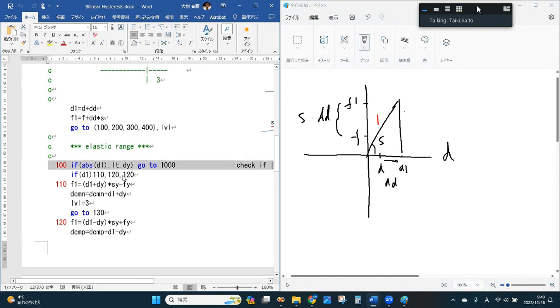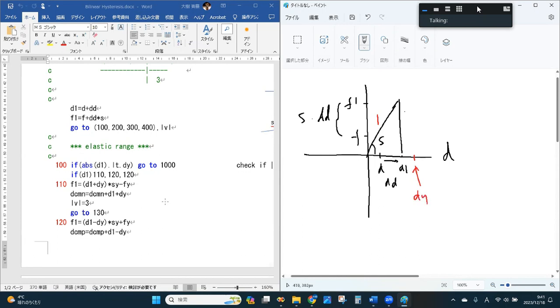So you will check D1 and dy, compare. So suppose dy is here. Okay. Already dy is here. So D1 is larger than dy.